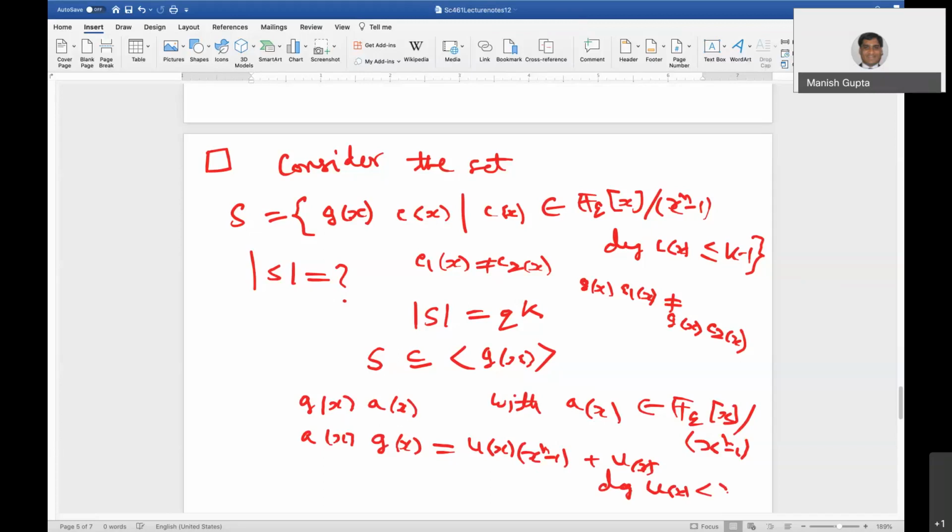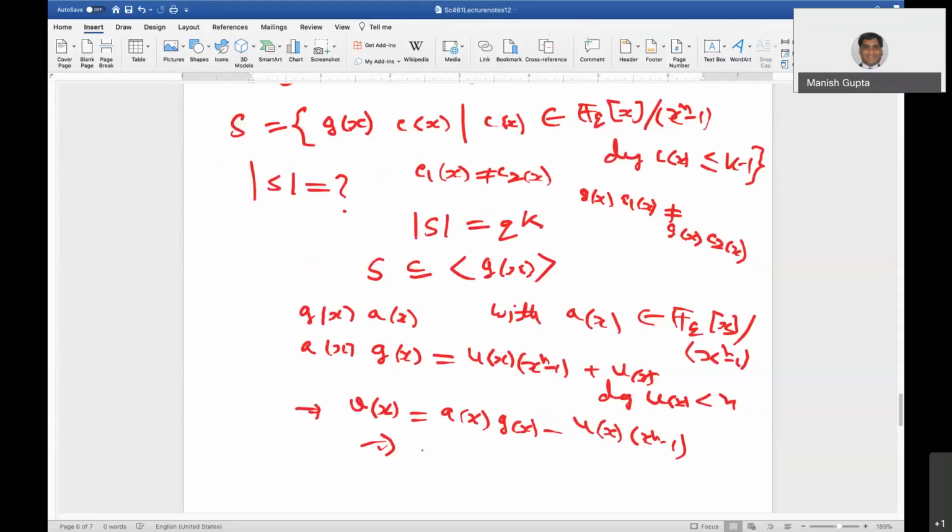Then g(x) divides a(x) minus u(x) times x raised to n minus 1, modulo x raised to n minus 1.